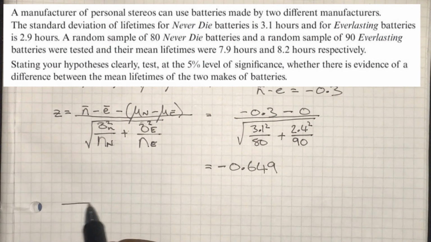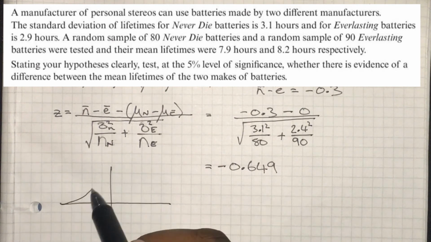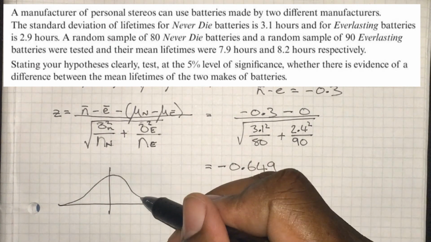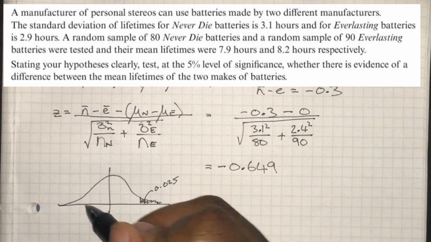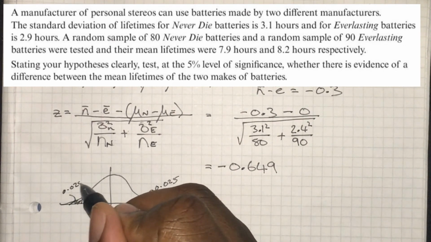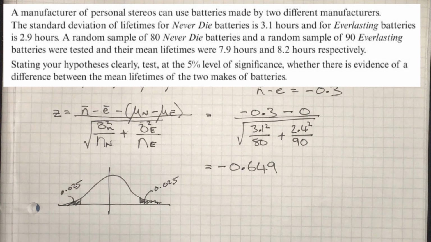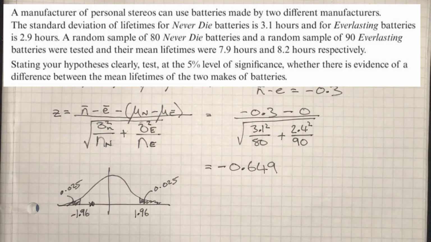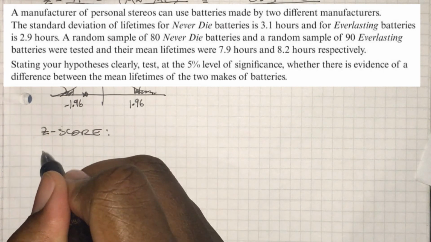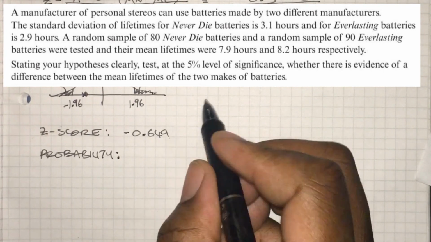So we've got a z-score of negative 0.645, and we just want to see whether or not this will be in the critical region, in the rejection region. So 0.025, the z-scores that match that are 1.96 and negative 1.96. I can demonstrate that it lies outside the critical region.